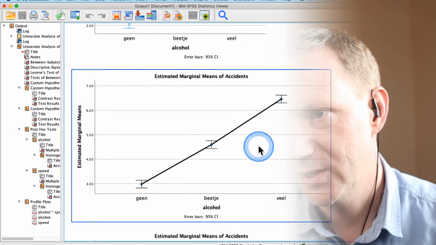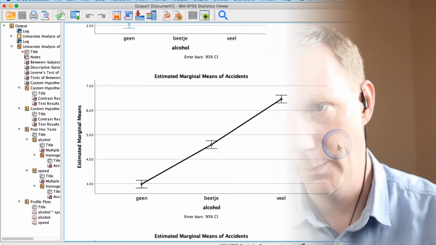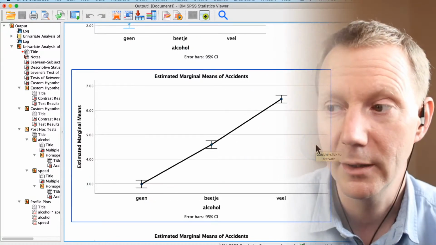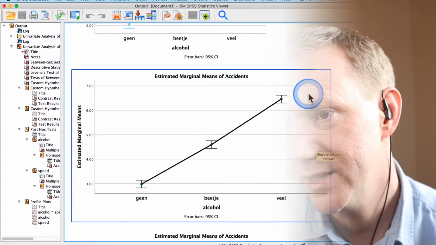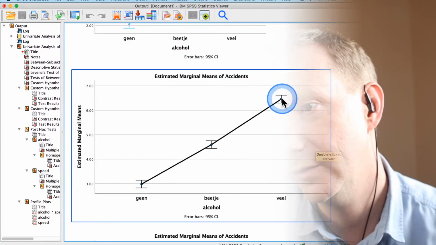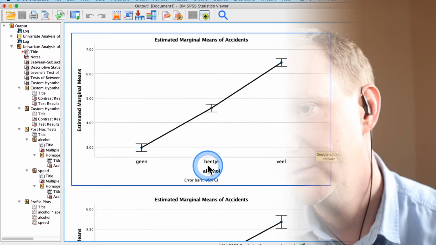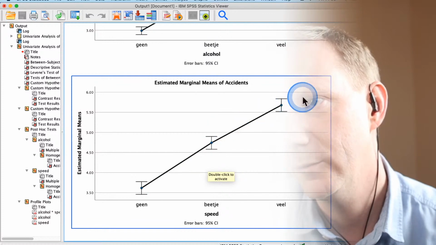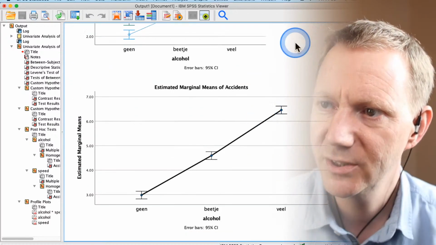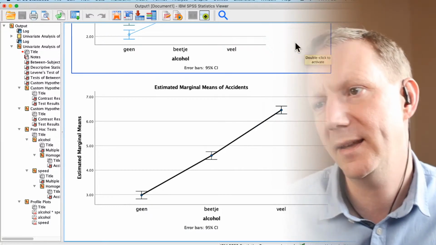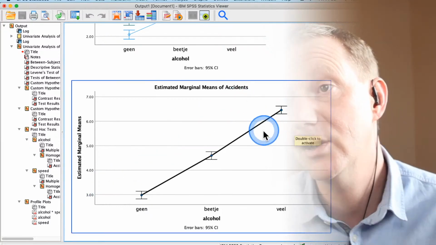So the other two parts that are left are the main effect for alcohol and the main effect for speed, which you obviously see just increases the amount of accidents if you have more alcohol, and you see the same effect when you have more speed. We've added the error bars, so you can also see by this graph that those differences are significant.